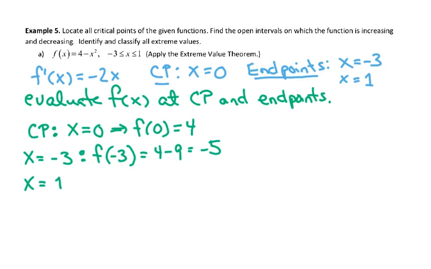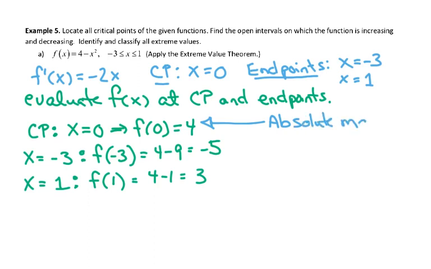And when x equals 1, well, f of 1 is 4 minus 1 equals 3. So here is my absolute maximum. Here is my absolute minimum.